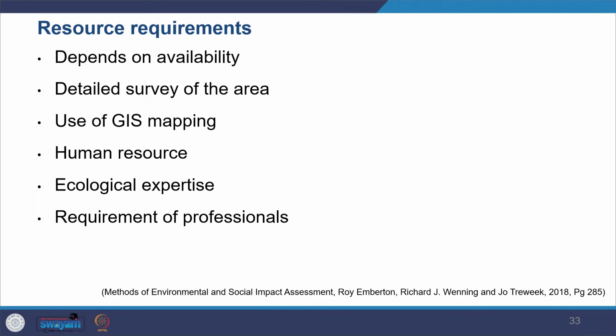You have to go and survey, which would consume a lot of time and money. If a lot of information is already available, it would reduce your time span for collecting that information. So one has to be very careful about how much they can commit.